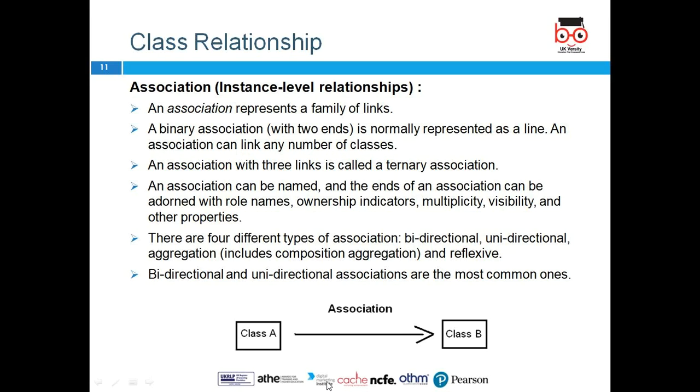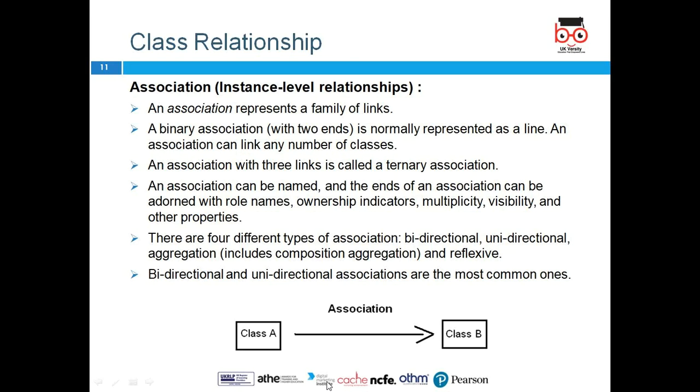An association can link any number of classes. For example, class A is related with class B, and class A could be related with class C as well. There is no restriction on the association number. Only one class may be associated with another class, but there could be multiple associations as well.